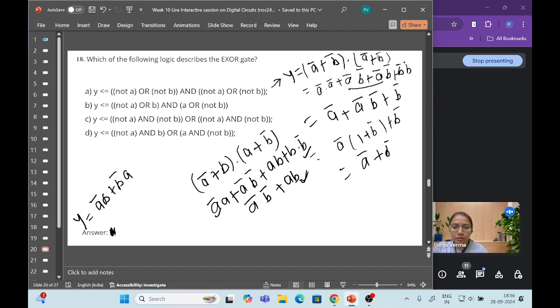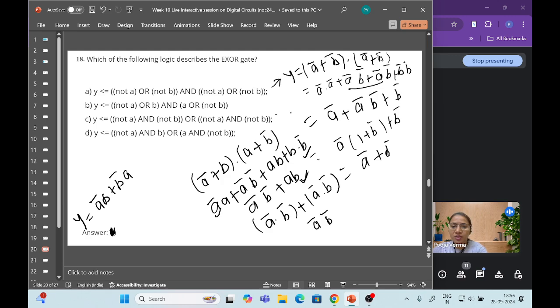Now go to option C. Option C is not A and not B, then or, not A and not B, right? So it will be A dash B dash because both are the same. If we add this, we will get A dash B dash only.